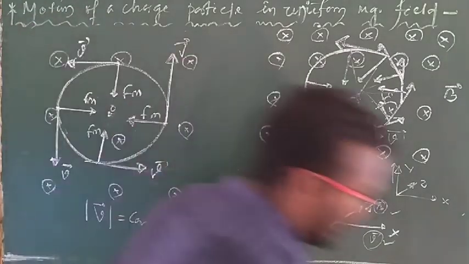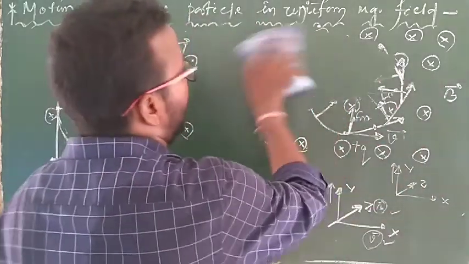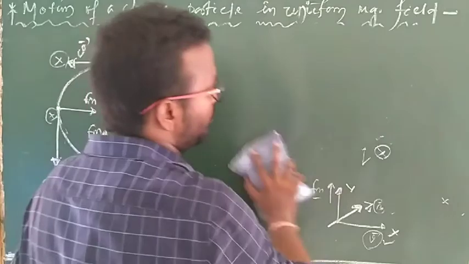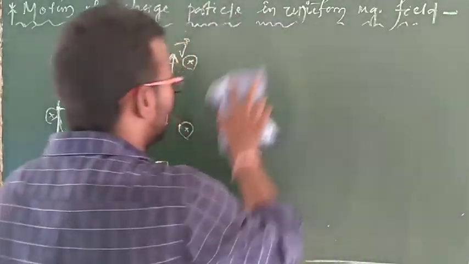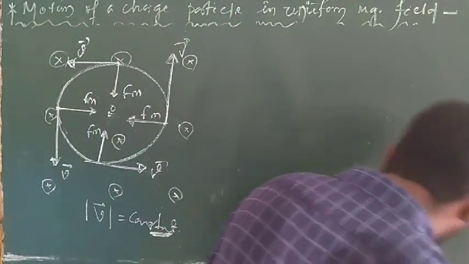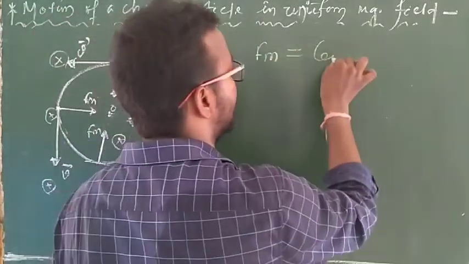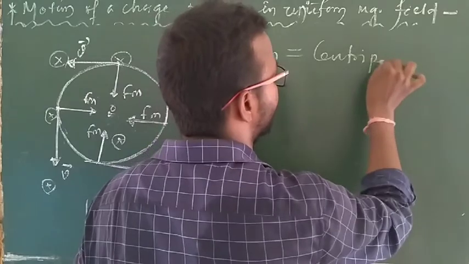The magnetic force plays an important role in moving the charged particle in a circular path. That magnetic force is known as the centripetal force.